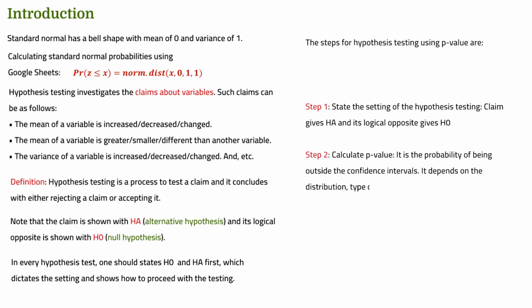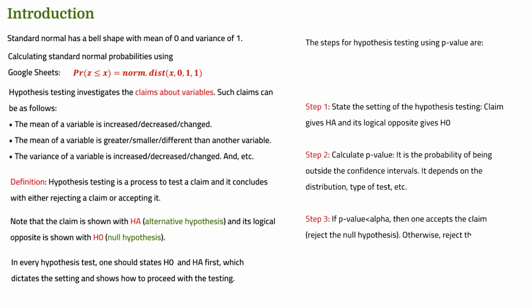It depends on the distribution, type of test, etc. Step 3, if p-value is less than alpha, then one accepts the claim or rejects the null hypothesis. Otherwise, reject the claim, or you may say fail to reject the null hypothesis. These are the 3 steps you should follow if you are doing hypothesis testing using p-values.